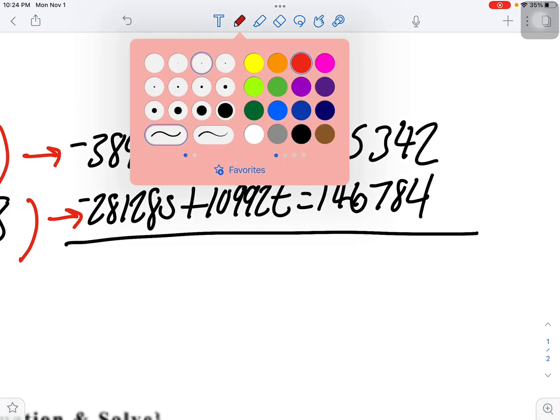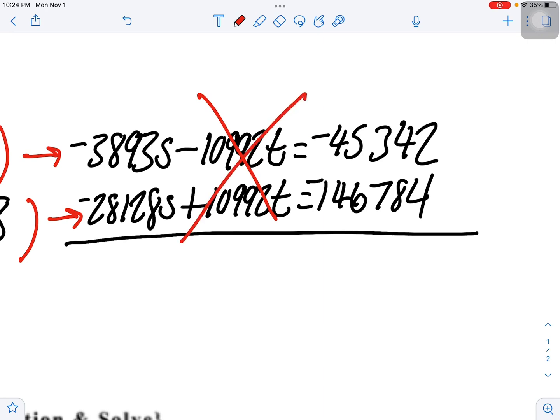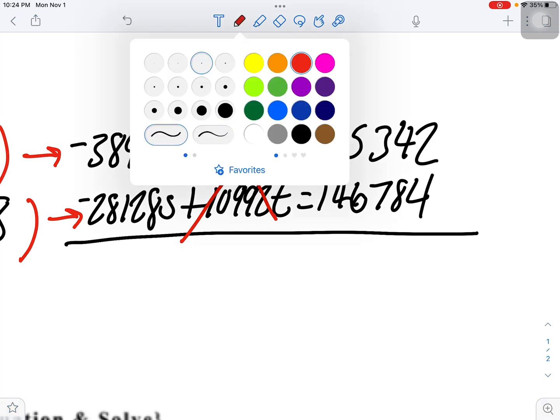So what cancels here are our t's. Look at that. So we must combine those s's right here, right? Because they're both negative. So we get 3893 plus 28128 equals 32021.